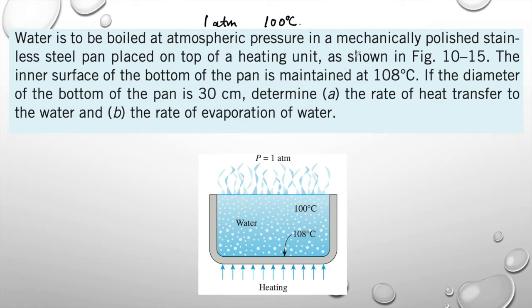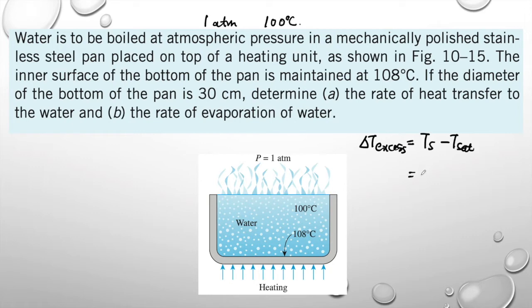Next we have to determine the properties of the liquid and vapor, but before that we have to determine the boiling regime. We determine delta T excess, which is T surface minus T saturation. The T saturation is 100 degrees Celsius because the water is boiled at 1 atm.